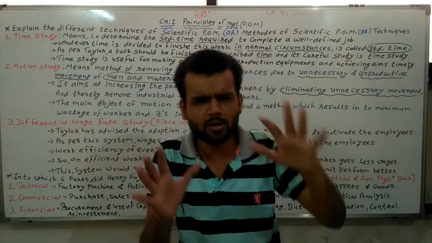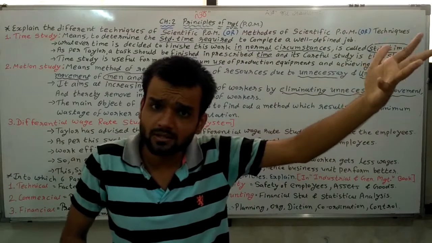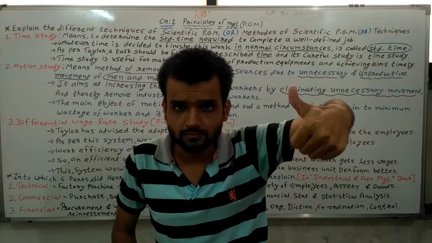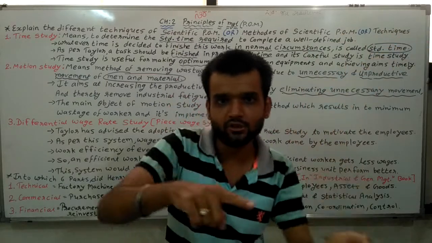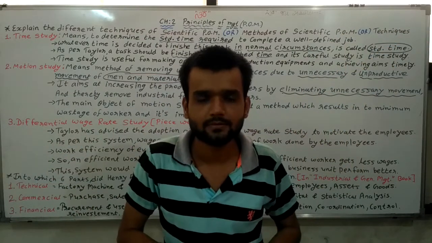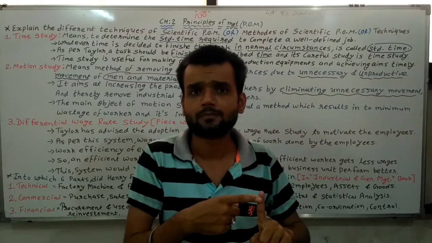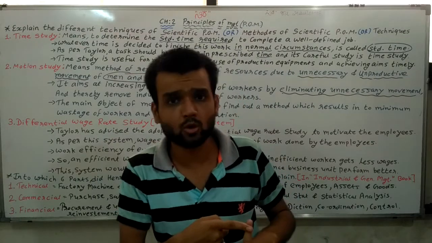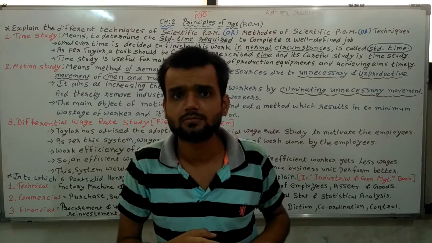Now, if you remember all the things of Frederick Taylor: traditional method, rule of thumb, challenge given to that traditional method, and a new scientific method applied. In that, as per the quality of the employee, give them work. If a person is doing more work, an efficient worker, then give more wages.